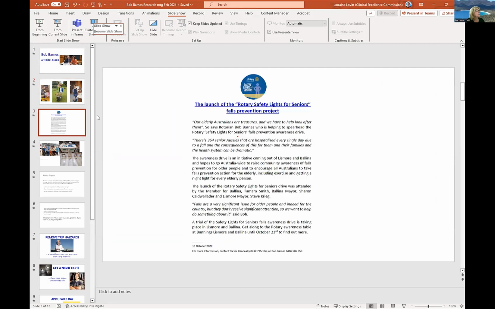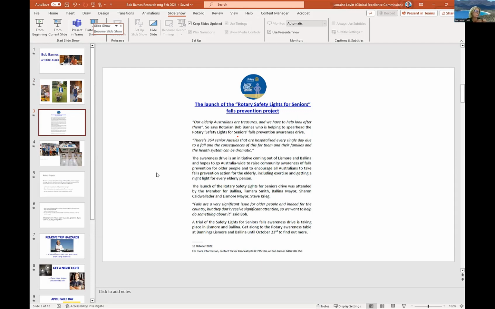So he and his son started talking about the launch of a Rotary Safety Lights for Seniors Fall Prevention Project. This is the first draft that he did in October last year that he started circulating. He did this in consultation with us at the Falls Network, with Stephen Lord, and also took it to his local members of parliament and to the New South Wales Ministry of Health.